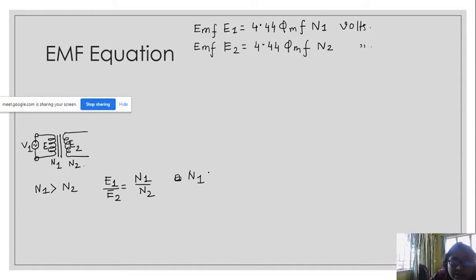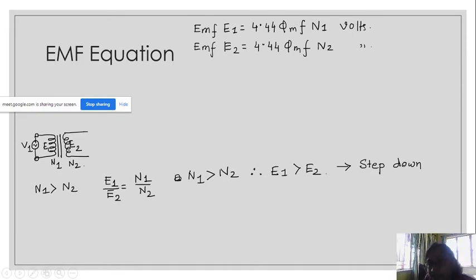If N1 is greater, then E1 is greater. That means the induced voltage in the primary side is greater than in the secondary side, so the voltage is stepping down in the secondary side. Naturally, if N1 is greater than N2, we call it a step down transformer. That means the voltage on the secondary side will be lower than the voltage in the primary winding.